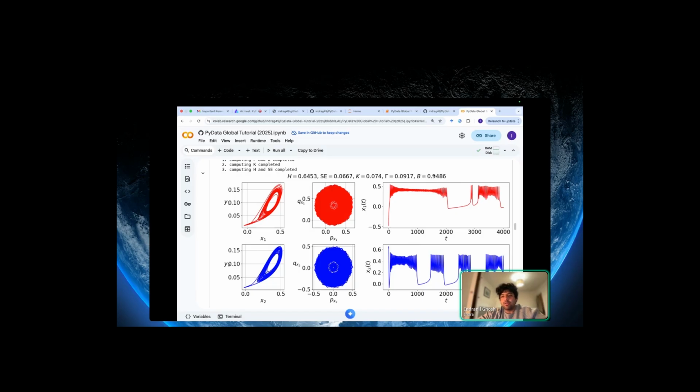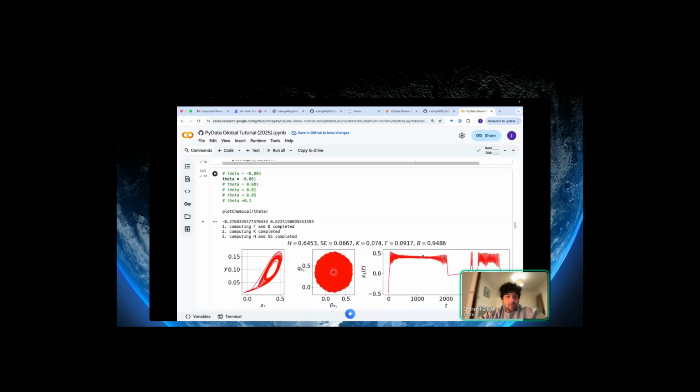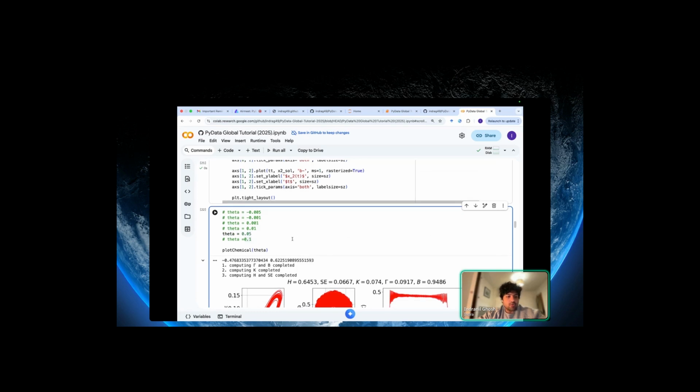So it's like 0.9486, which is low compared to when the two neurons are highly synchronized, when B is 0.99986 or something like that. Okay, that's for one. We can do a bit stronger excitatory chemical coupling. Let's see what happens then.